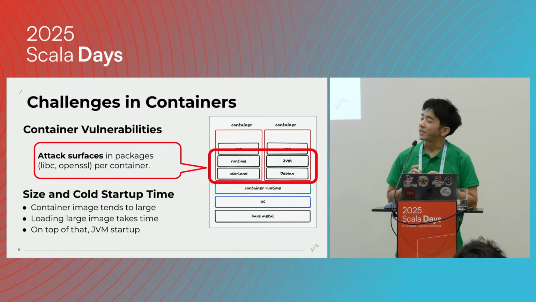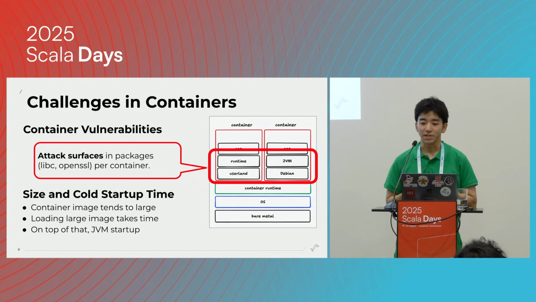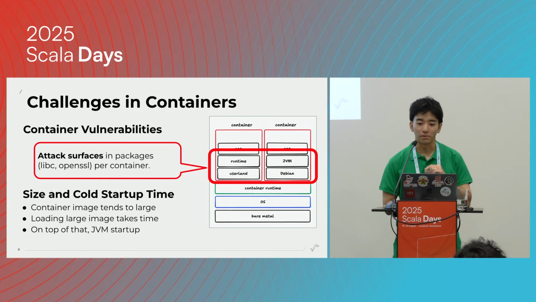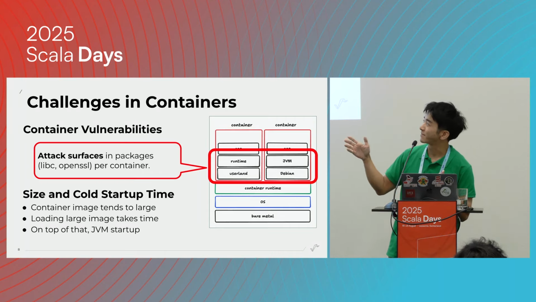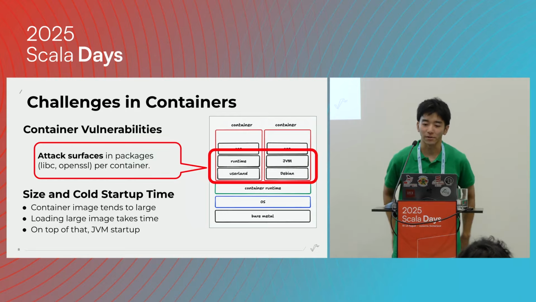So the benefit of Linux container-based isolation is the flexibility of installing any OS userland or packages, runtimes, runtime dependencies, anything. But those flexible layers can be attack surfaces for attackers.